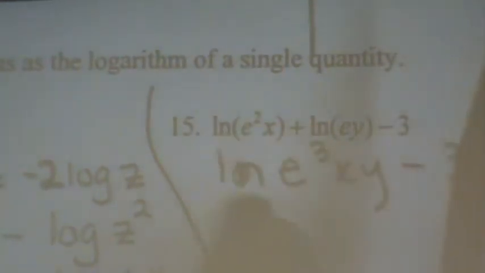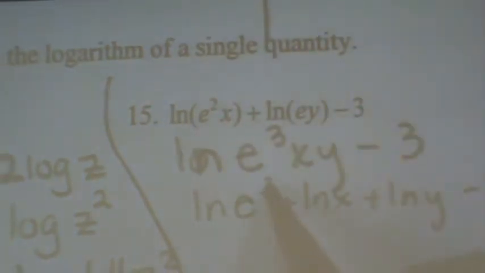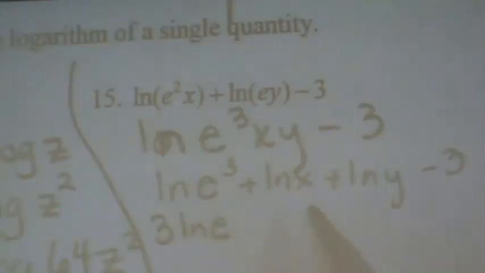What do you think this piece is going to equal right here? 3. And you see that 3 there? They're going to cancel. But you got to break this up first. This is really ln e to the 3rd plus ln x, ln y, and then -3. So if you bring this 3 in front, 3 ln e, now they cancel. So what's left is ln x plus ln y.